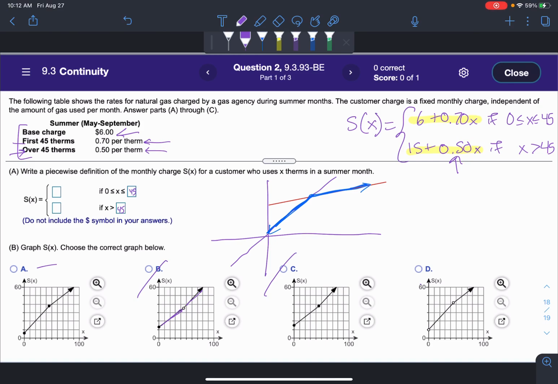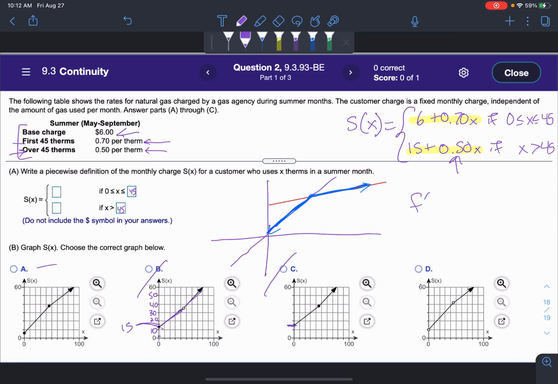You can also verify this. Here we have 50, 40, 30, 20, 10. So your y-intercept here is more likely to be 15 than 6, because 6 would be down here. That's another reason why we would throw out B and C: the y-intercepts don't match.